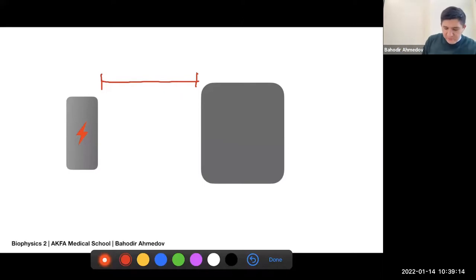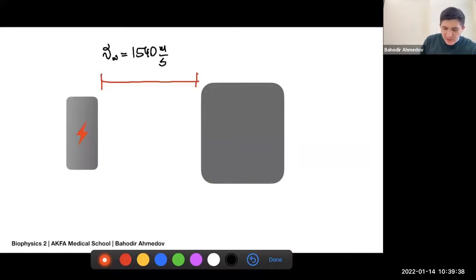We've seen previously that the speed of the sound in the tissue is 1,540 meters per second, right? Let's assume that it took about 2 milliseconds. Does it make sense?